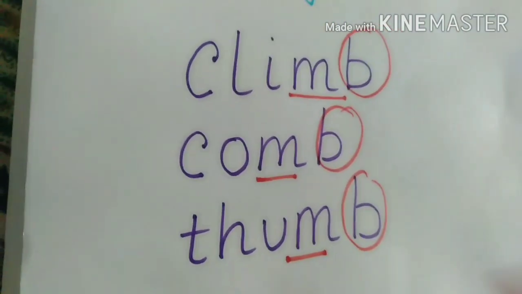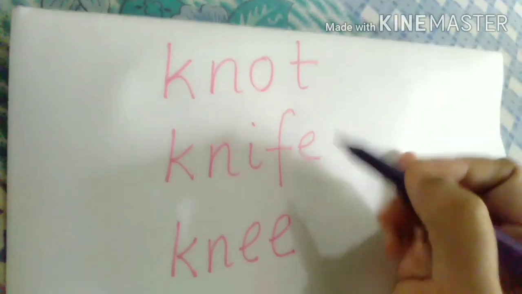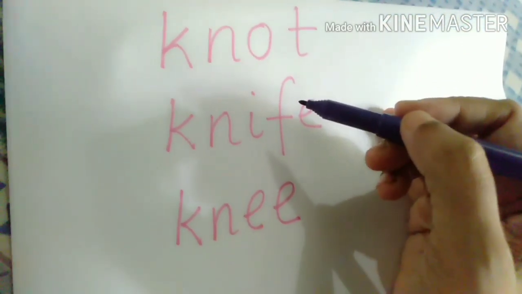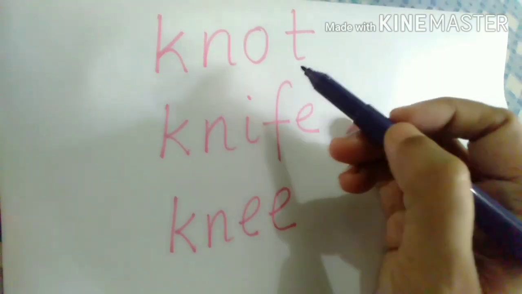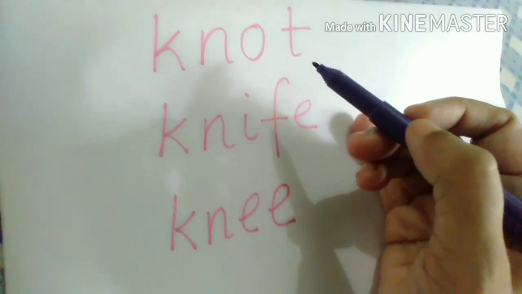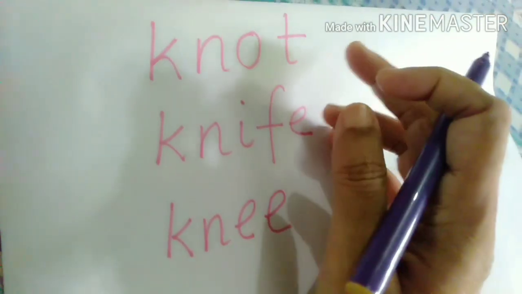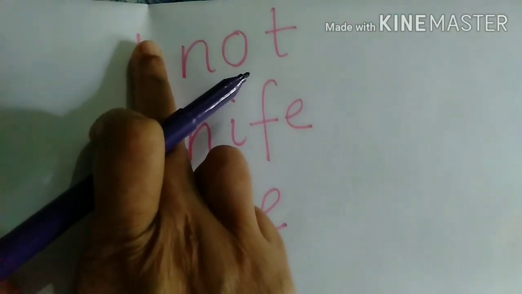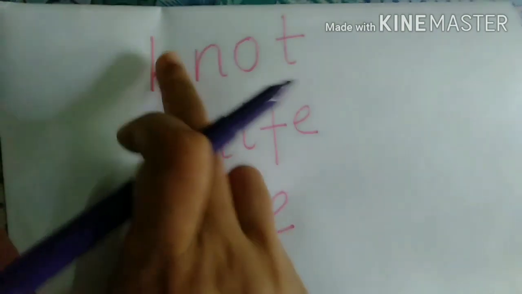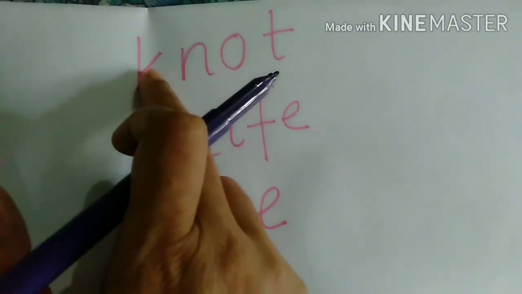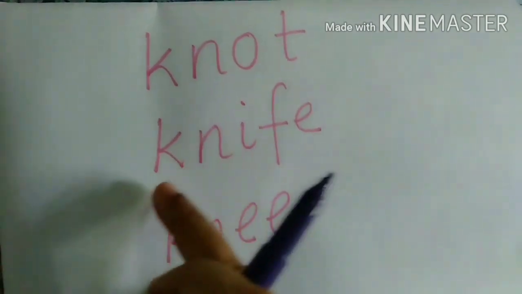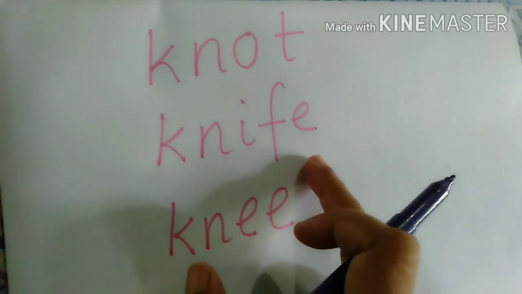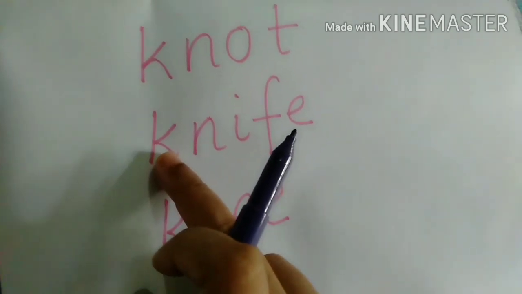Now, come to the next set of words. Now, we have another 3 words here. Let us first spell it out. K-N-O-T, not. The pronunciation is not. Now, if I hide the letter K, then also the pronunciation will be N-O-T, not. Then, K is a silent letter in this word. Knife, K-N-I-F-E, knife. Here also, K is silent. Why?